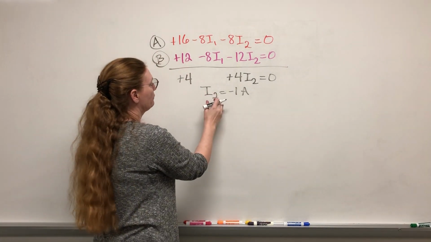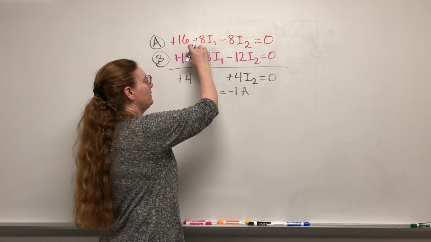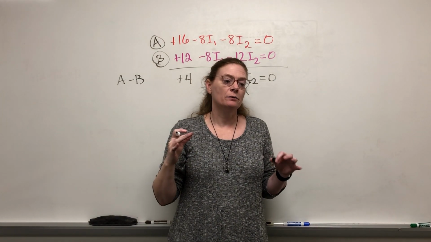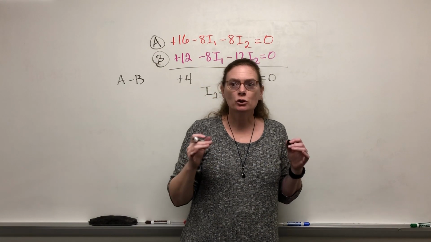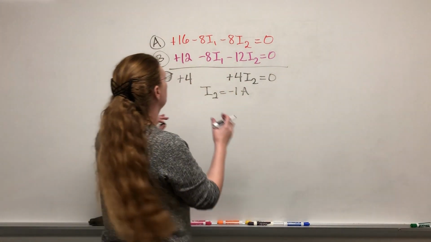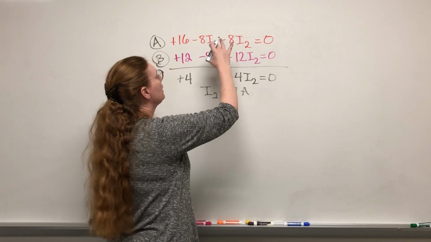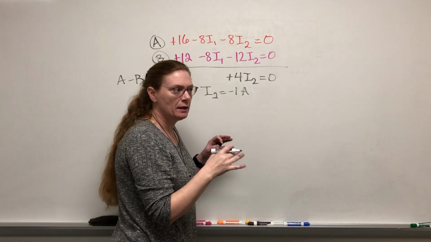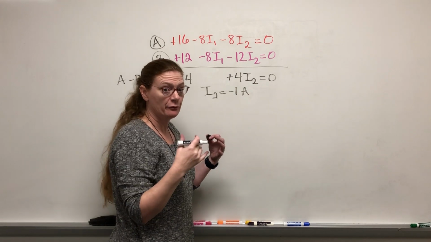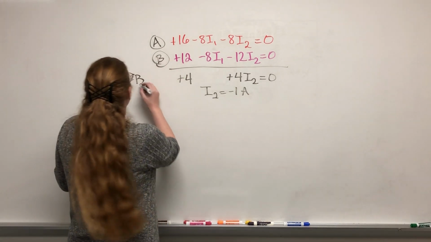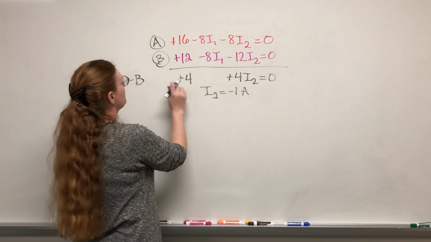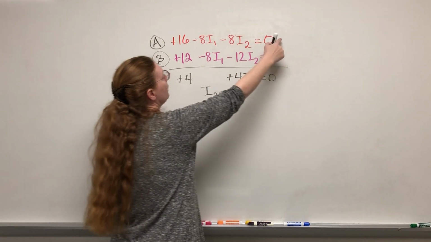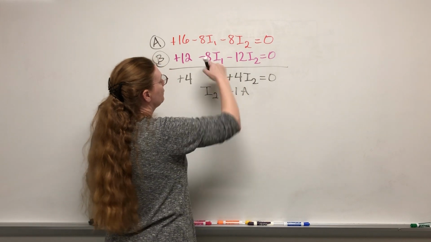And then once I have I2, I can pop it back into one of these. And here's another thing that will help you catch mistakes. Strongly recommend you go back and put your answer into all of these equations to see if I1 pops out as the same for all of them. Okay, I used A minus B. So let's put I2 into A and figure out I1, and then let's put I2 into B and figure out I1.